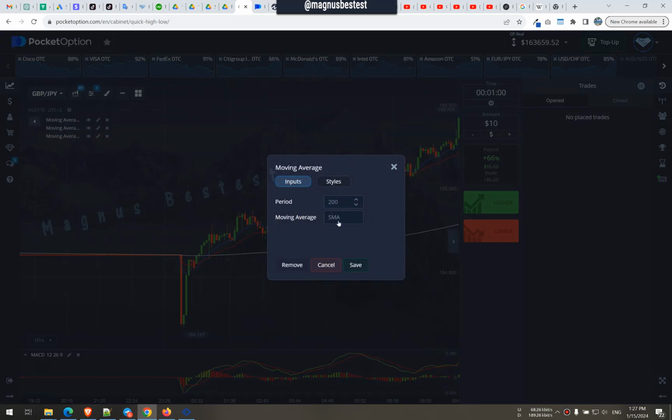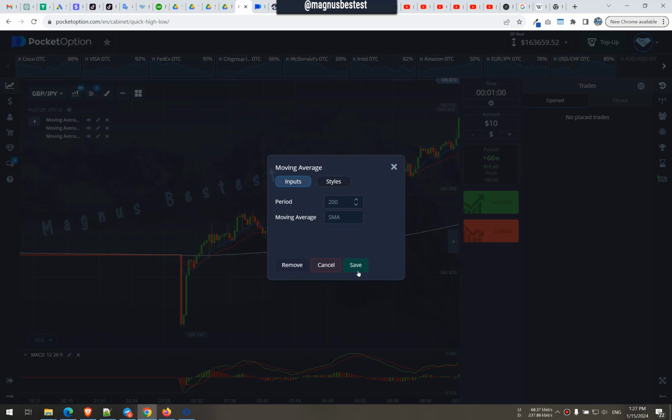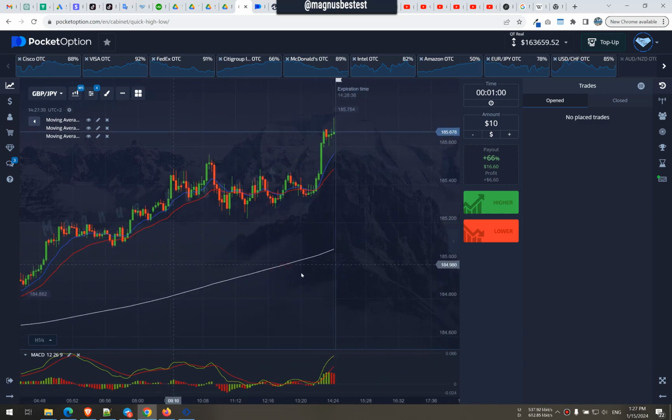Let's see what it would be with exponential moving average. With exponential moving average, we would be even further. So let me put it back to simple moving average. That looks nicer. We are closer to being above, and that's almost a valid trade.